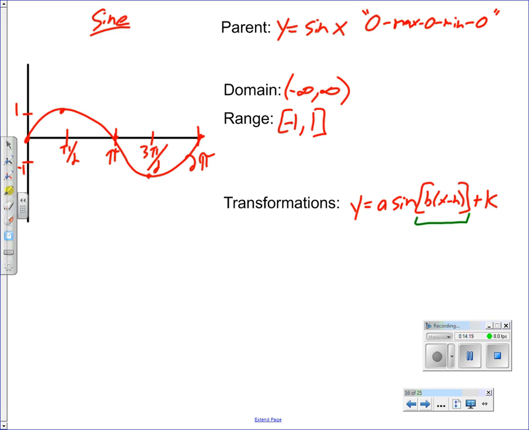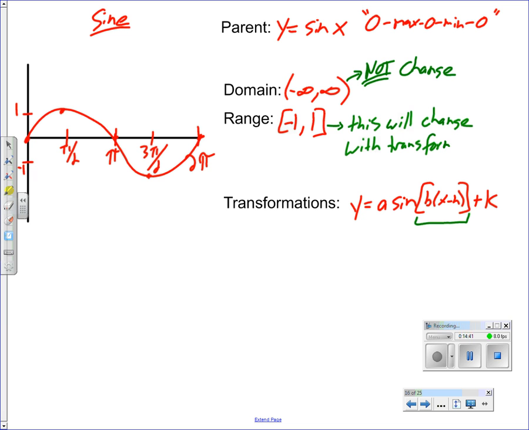When we apply these transformations, that will not change the domain for the sine function. It will always be all real numbers, but the range will change. Those are the properties for our sine function.